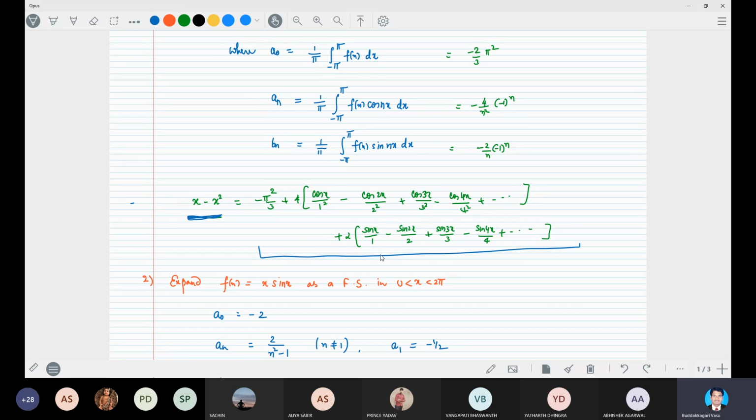Thus, to find the sum of an infinite series, we introduce the concept of convergence, right? Convergence means the sum of the series is tending to some fixed value. It cannot be exactly that value, it is tending to the fixed value, right?